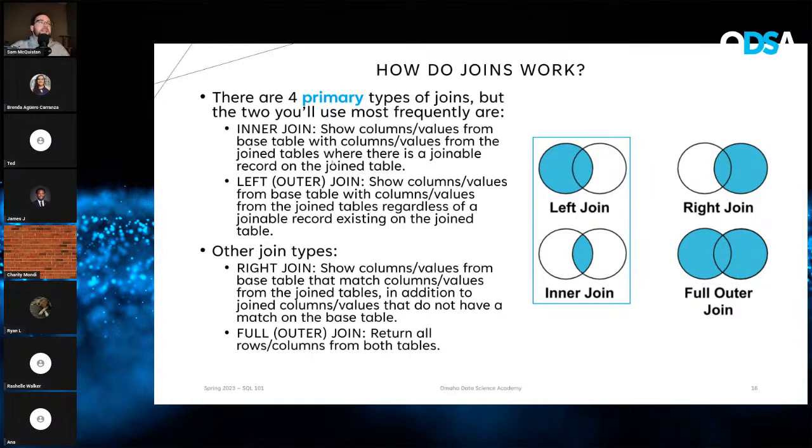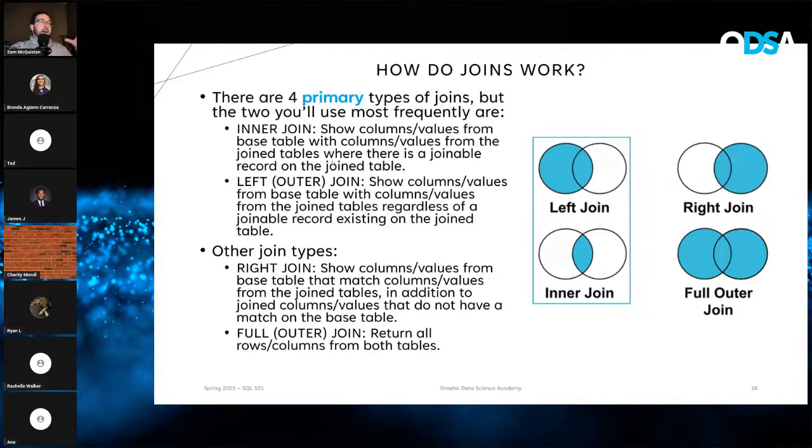So what are some cases that you might want to use each of these joins? Well, an inner join is going to show only columns and values from the base table where the columns and values on that joined table match. If they don't match, then you won't return values from either side of that table.